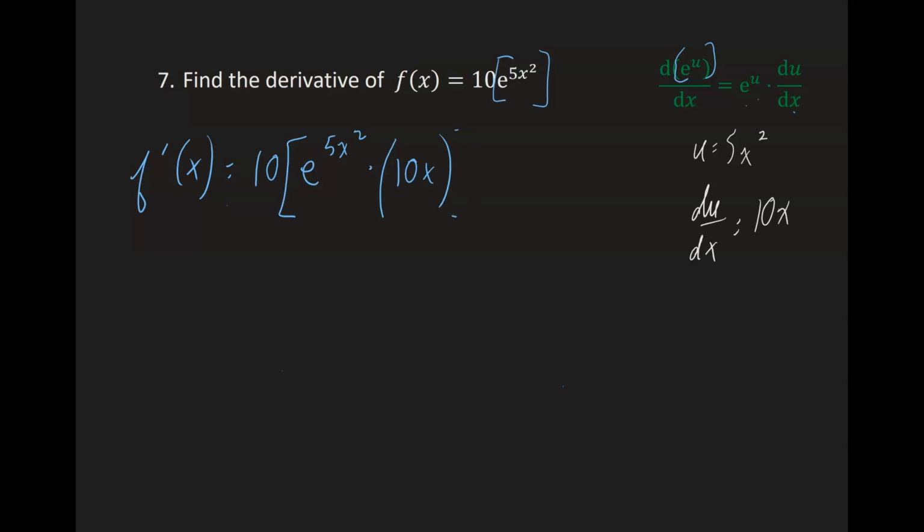That square bracket could go here instead. That seems a little better. Now, remember, when we're simplifying these, there's parts of it that we don't touch, the exponential part. Leave it alone. But 10 can be multiplied by 10x. So this f prime of x becomes 100x e to the 5x squared.